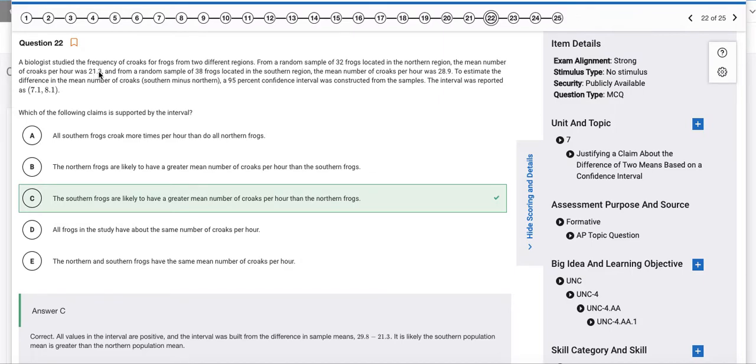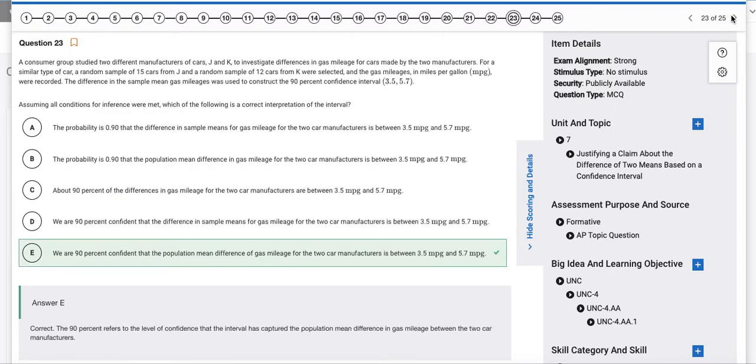So when we subtract those, we get a positive value. So if you have a positive interval, that means there's evidence that the southern is greater than the northern. Draw that out, okay? Draw the positive interval and draw that out. Oh, and read this description right here too.